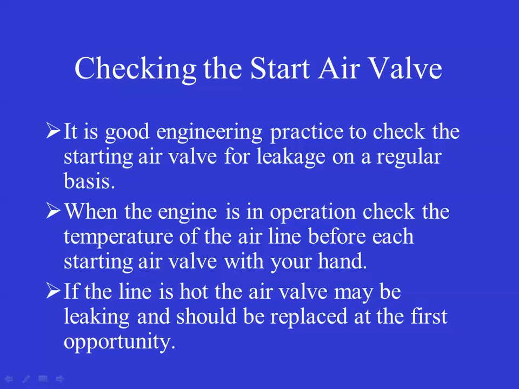On Burmeister Wain, and I'll talk about this more later on in this PowerPoint presentation, they have you do it when the engine is shut down. On the big slow speeds, you're going to open up all the indicator cocks.